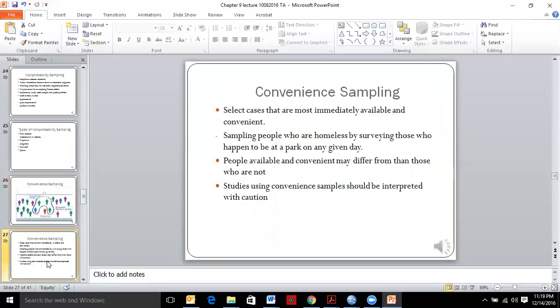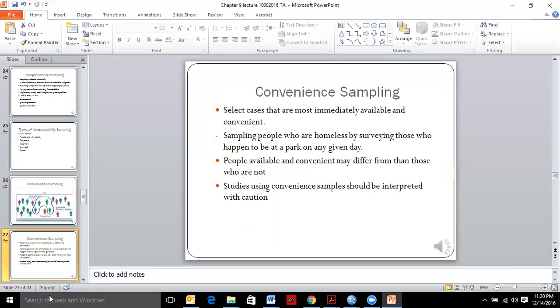In convenient sampling, we select cases that are most immediately available and convenient. For example, sampling people who are homeless by surveying those who happen to be at a park on any given day.